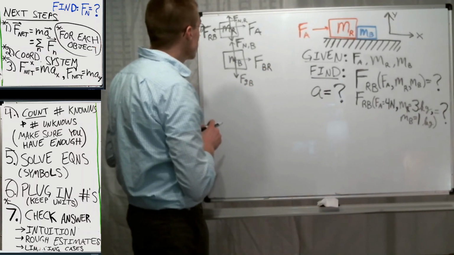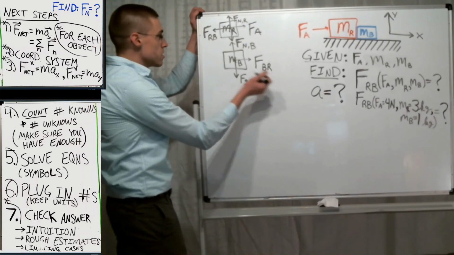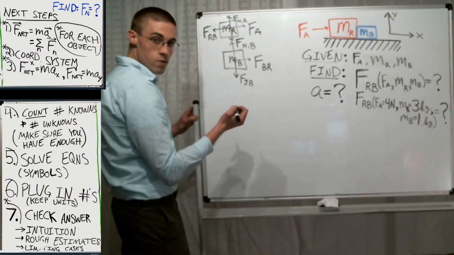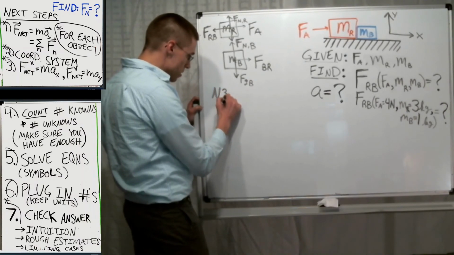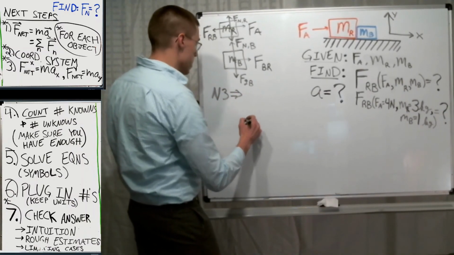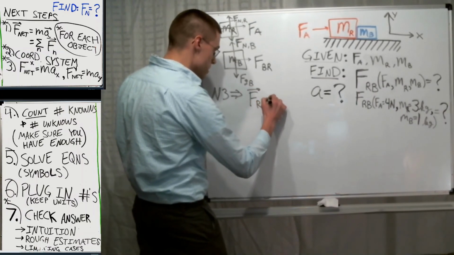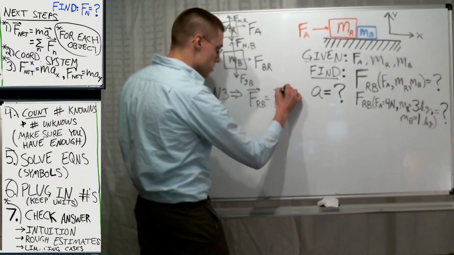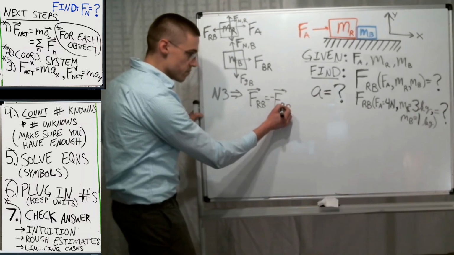So notice here, I have an FBR and I have an FRB. Okay, we know from Newton's third law, right? N3 implies that FRB is equal and opposite to FBR, right?